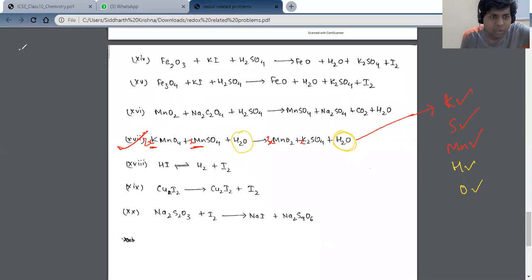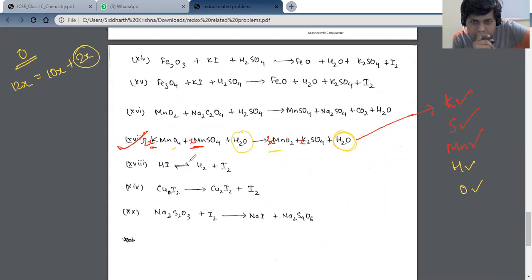So let us start with oxygen. You are having how many oxygen on this side? 8x plus 4x, that is 12x. And here you are having 6x plus 4x, that is 10x. So here it should be 2x plus some compound, this we don't know. What about hydrogen? Hydrogen, we don't know.